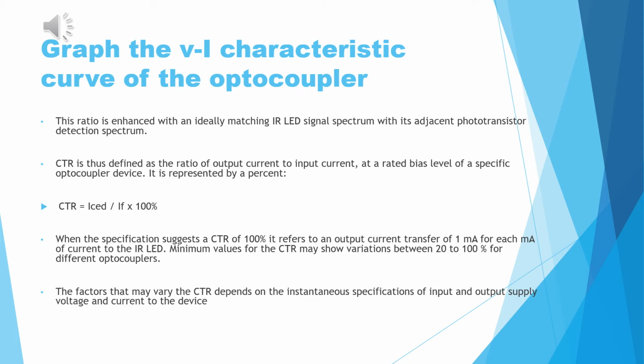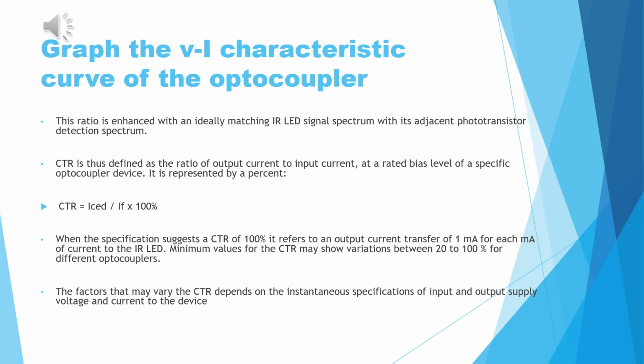When the specification suggests a CTR of 100%, it refers to an output current transfer of 1 milliampere for each milliampere of current to the IR LED. Minimum values for the CTR may vary between 20 to 100% for different optocouplers.